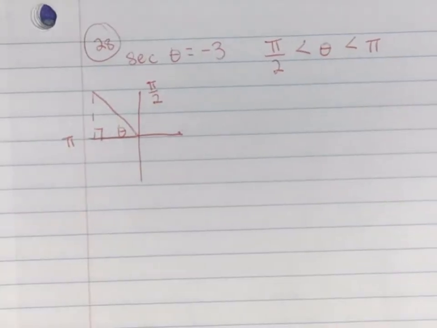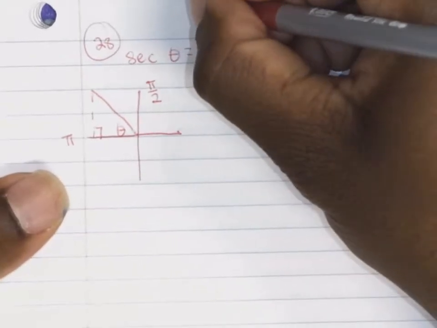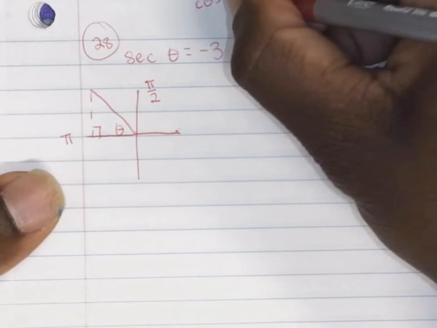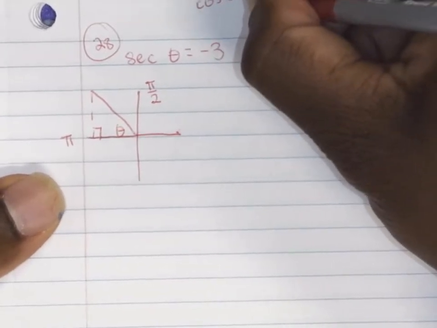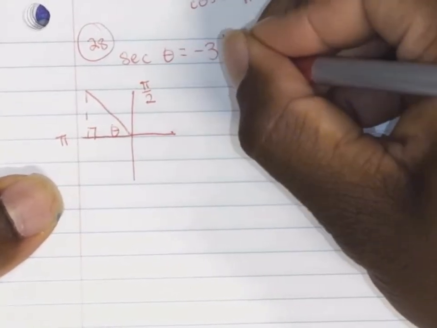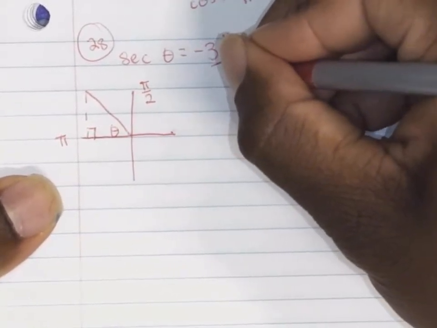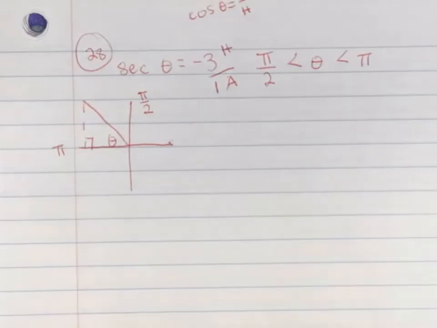All right, so secant is cosine's reciprocal. I know that cosine of theta is adjacent over hypotenuse, so secant would be hypotenuse over adjacent, where the adjacent is just 1, because negative 3 divided by 1 is negative 3.